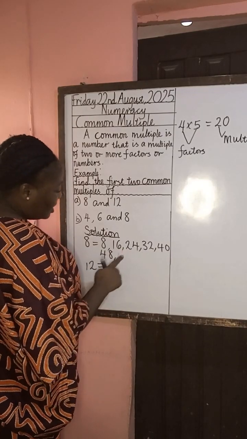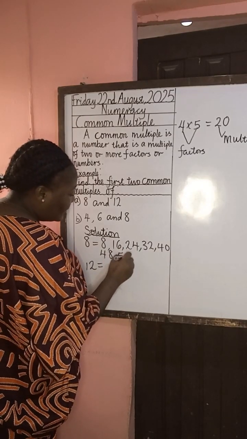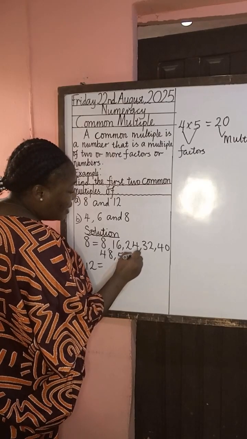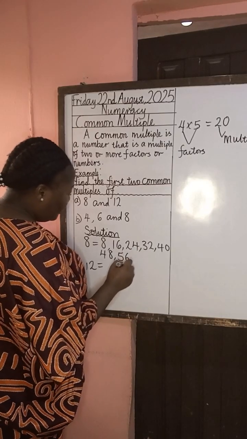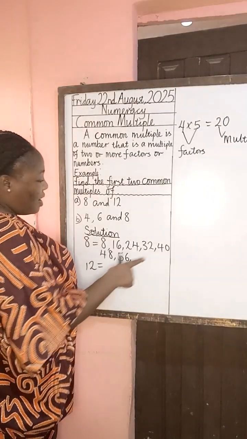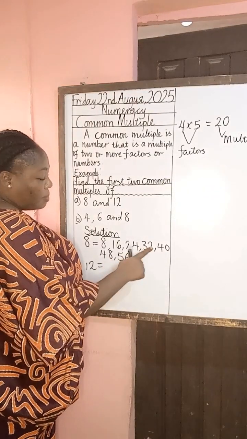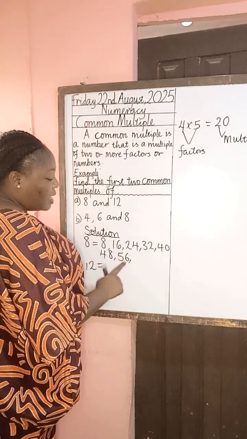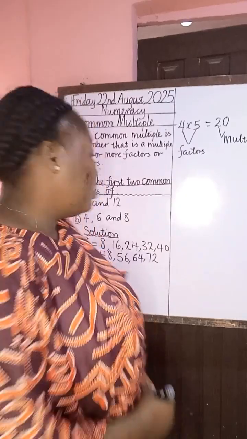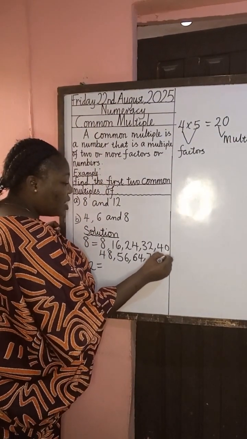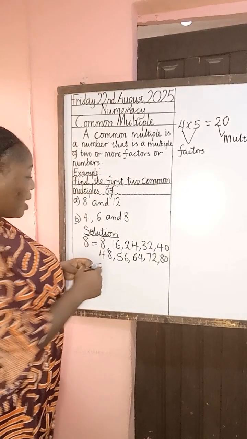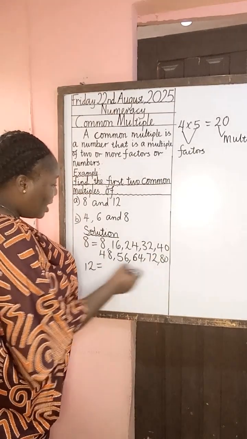Then 5, 6, 7, this will be 56. We have 8 times 5, 8 times 6, 8 times 7, 8 times 8, so we have 72. Then we have 80.